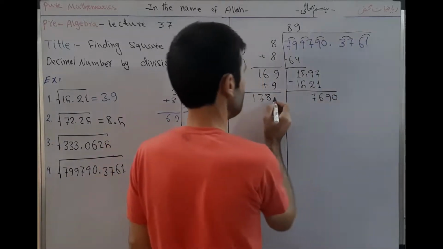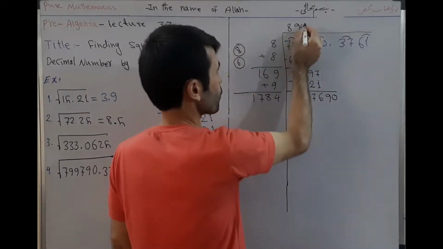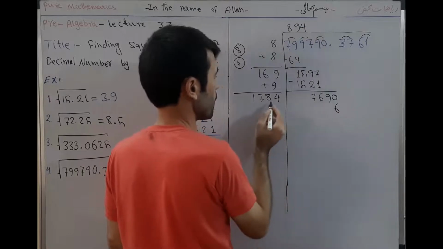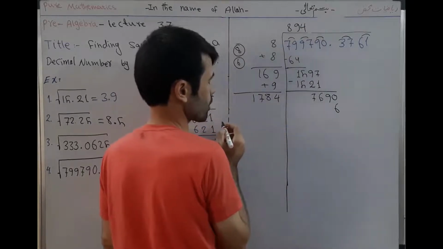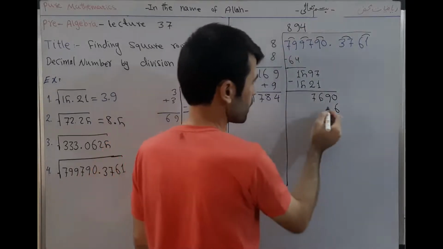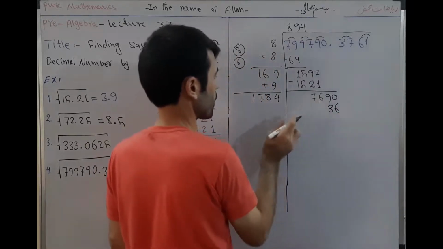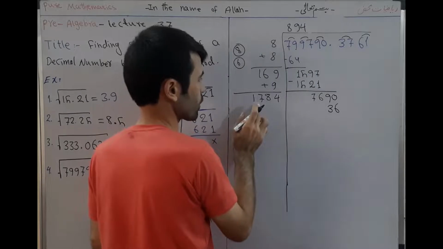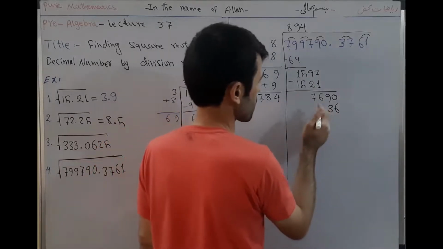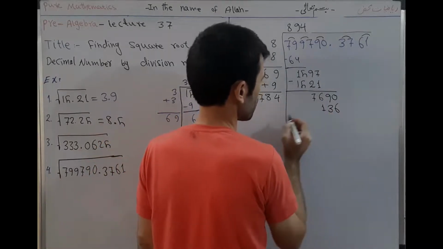4 multiplied by 4 is 16. Carry 1. 4 multiplied by 8 is 32. 32 plus 1 is 33. Carry 3. 4 multiplied by 7 is 28. 28 plus 3 is 31.